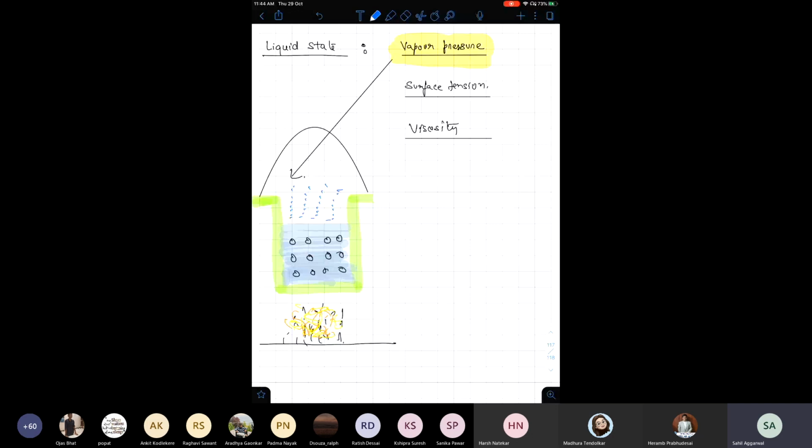But as you have a closed container, they will hit the walls of the container and get condensed. Liquid में convert हो जाएंगे. When they get condensed, they will start converting into liquid again.